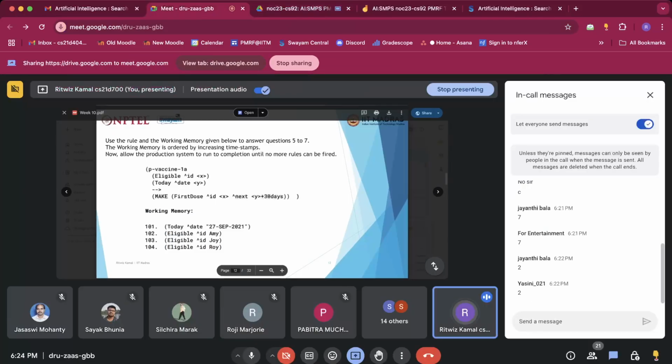So any doubts in the rule or the working memory that we have in this problem? Okay, if not, then that's great.